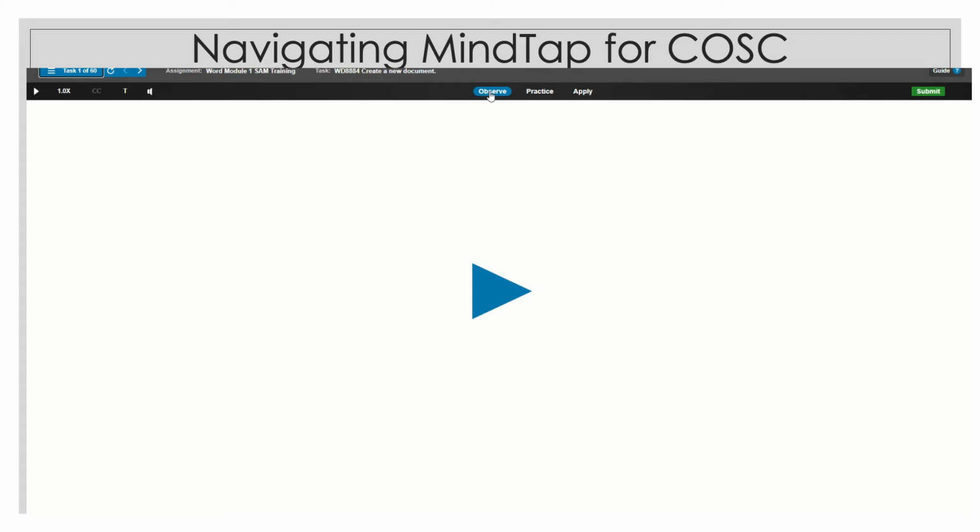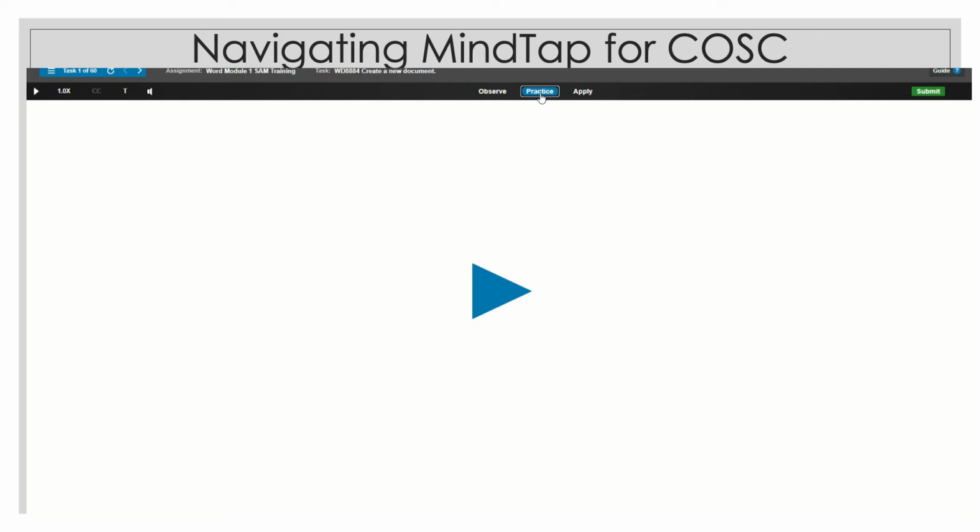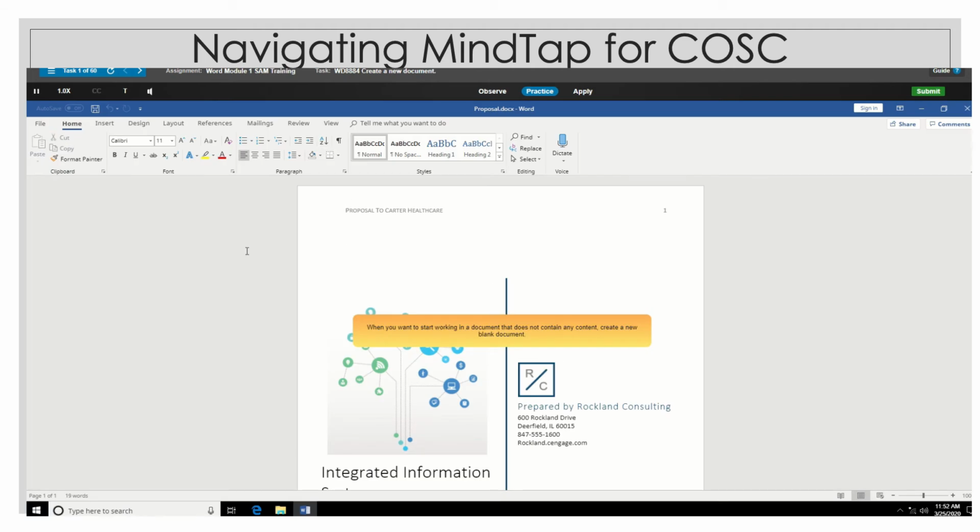When you observe it, the system will walk through setting up whatever task it is that they have at hand. So it will walk you through creating it. When you do a practice, it's actually going to walk you through you doing it instead of observing the system do that. So we'll watch this for a second.